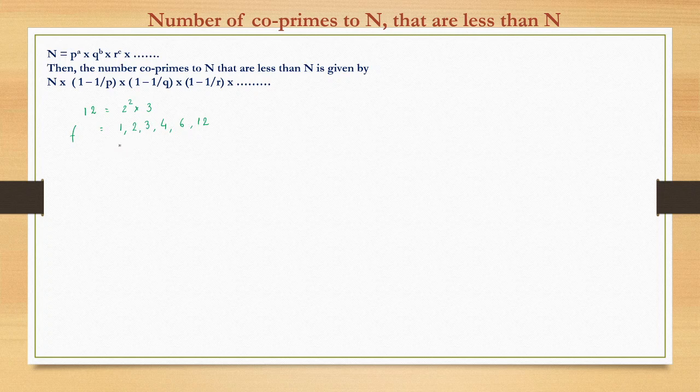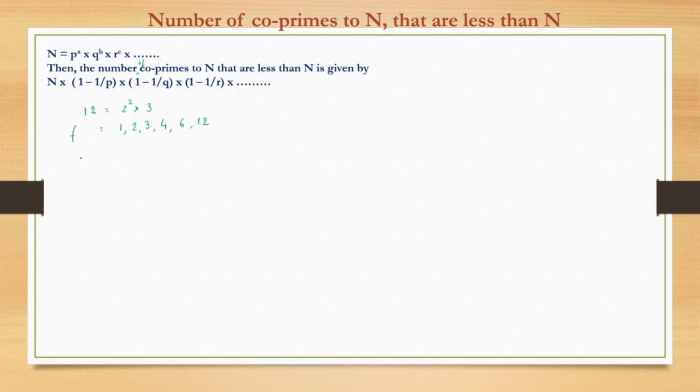Now see, we have to find the number of co-primes to n that are less than n. So now see, let us start from 1.